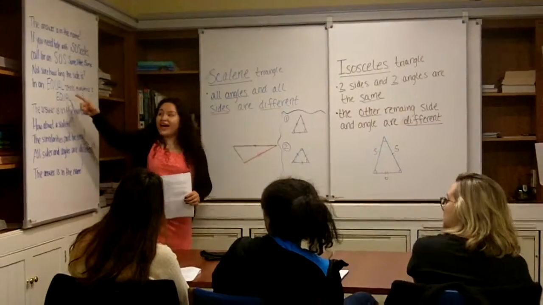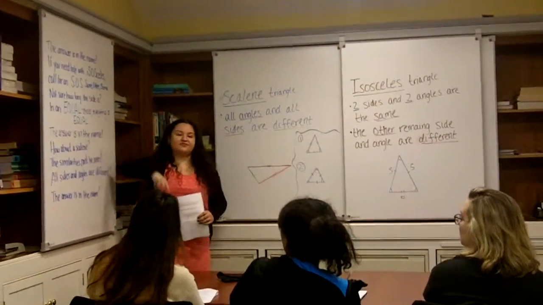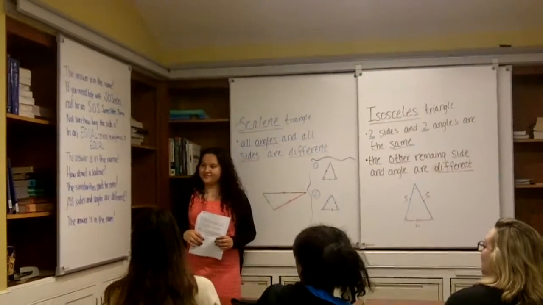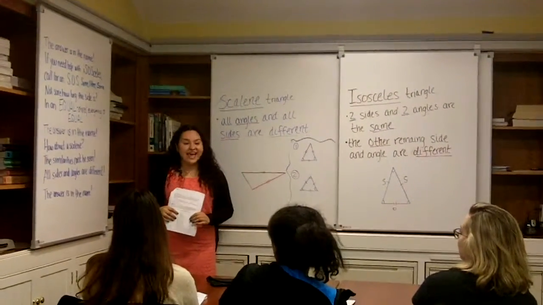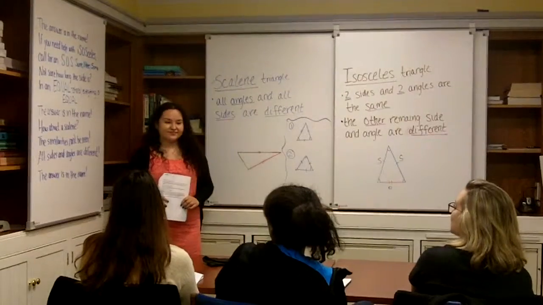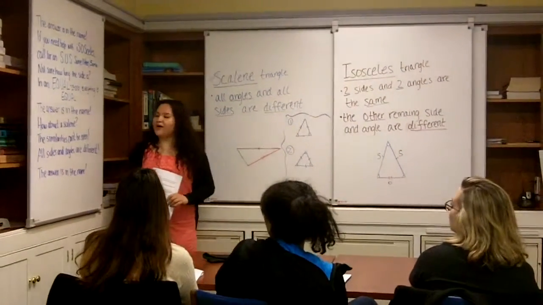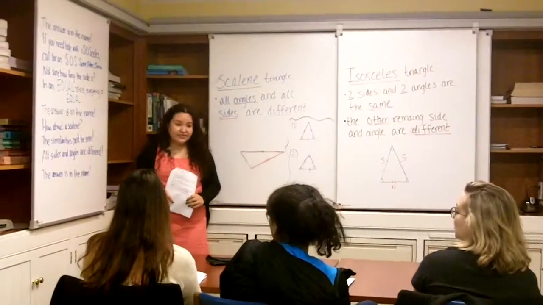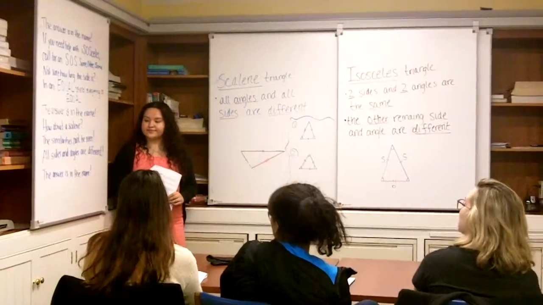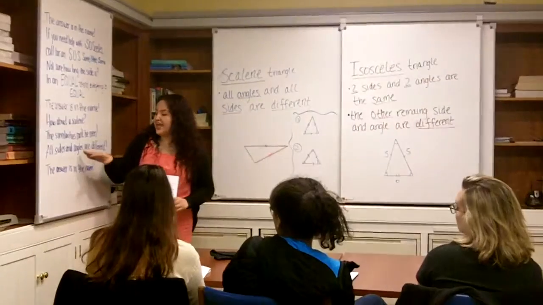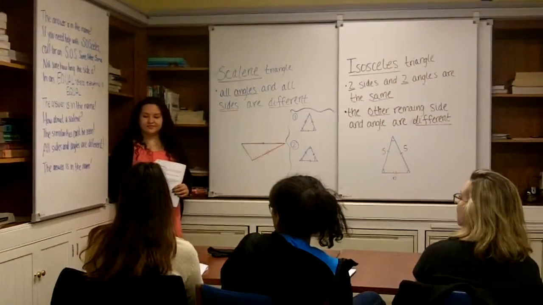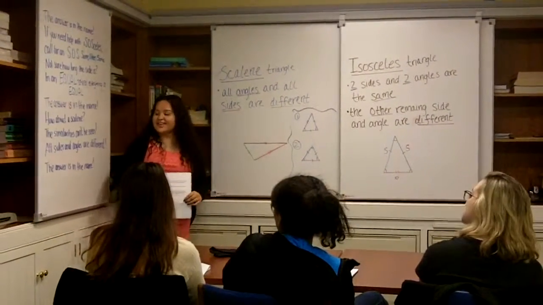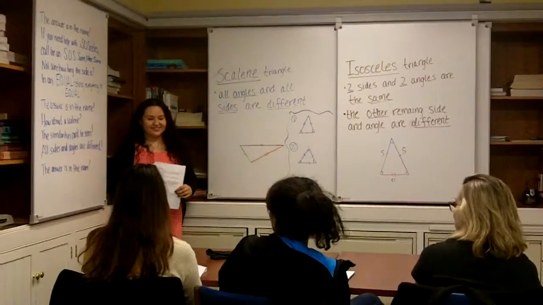In an equilateral, everything is equal. The answer is in the name. How about a scalene? The similarities can't be seen. All sides and angles are different. The answer is in the name.